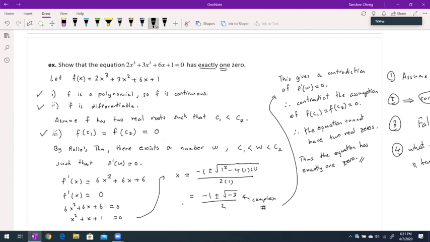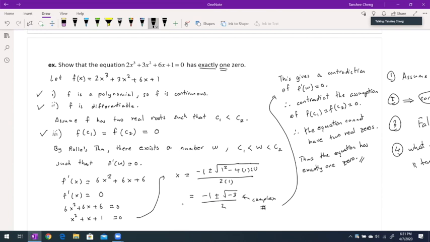So f prime of x gives me 6x squared plus 6x plus 6, and we set it equal to 0 to find W. What we found is a quadratic equation that is not factorable. If I put it into the quadratic formula, it ends up with a complex solution.